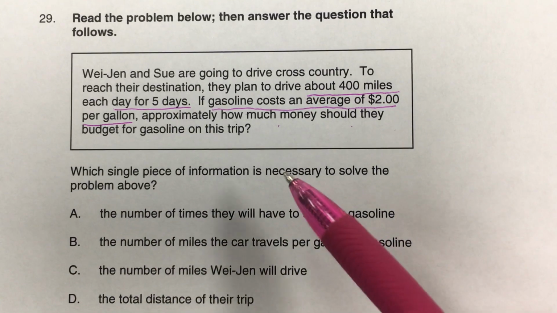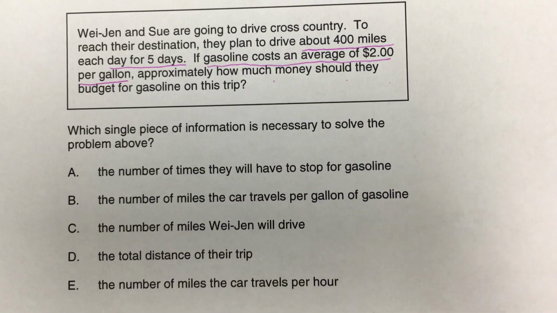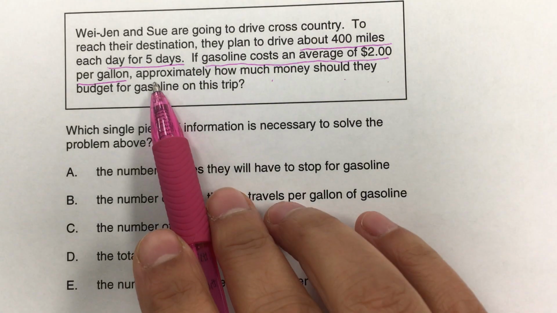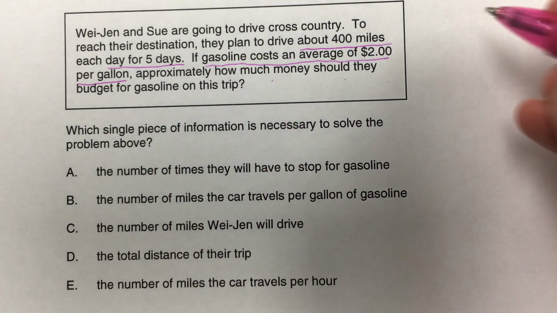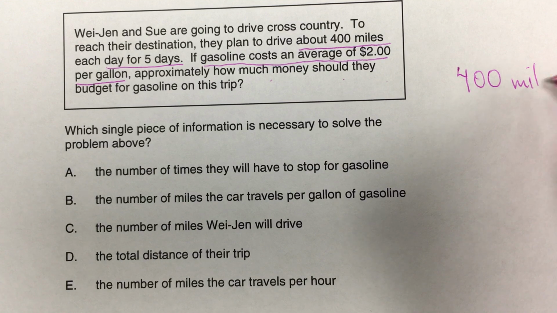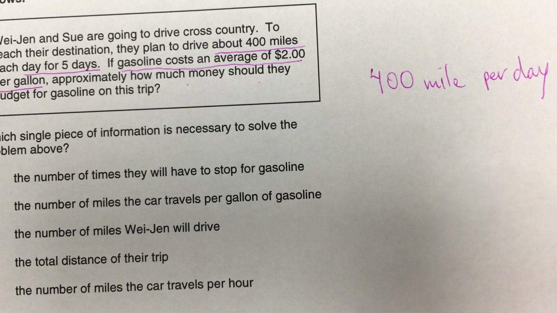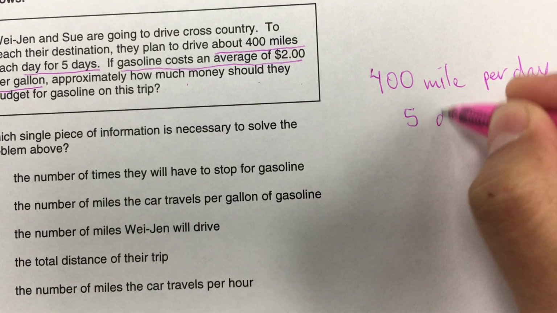When they are asking this, that means that some information is missing. We don't have enough information to be able to solve or answer that question. So we know that they're driving 400 miles per day. We also know that they're going to drive 5 days.